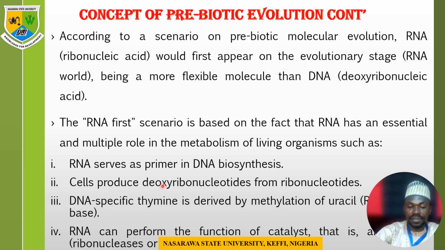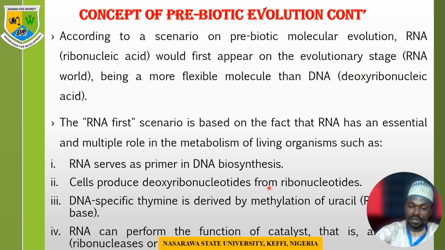Another thing is that deoxyribonucleotides, you come to learn what deoxyribonucleotides are. They are formed from ribonucleotides, meaning that it is from RNA that you get DNA. The D that you see in the DNA spelling is for deoxyribonucleotide, meaning that one particular oxygen is not there. So it means that it is a derivative of RNA.